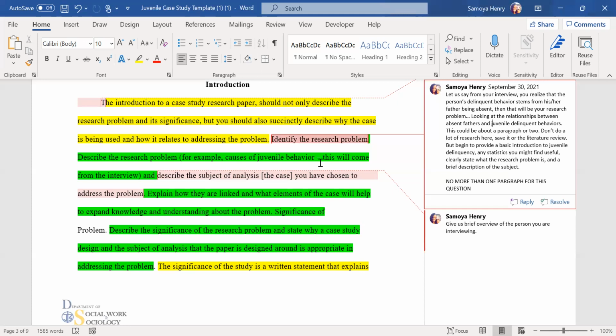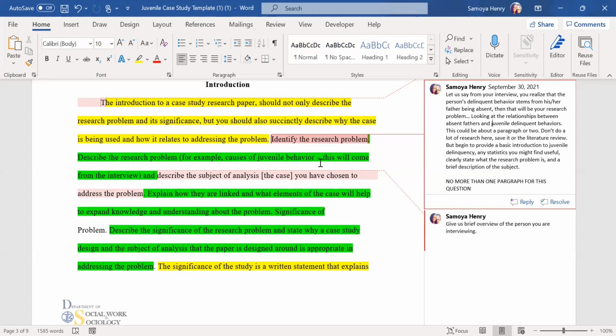Your research problem could be, based on my interview, I realized enough things contributed to why this person was behaving in such a way. So your research problem could simply be causes of juvenile behavior, factors that contribute to juvenile behavior.